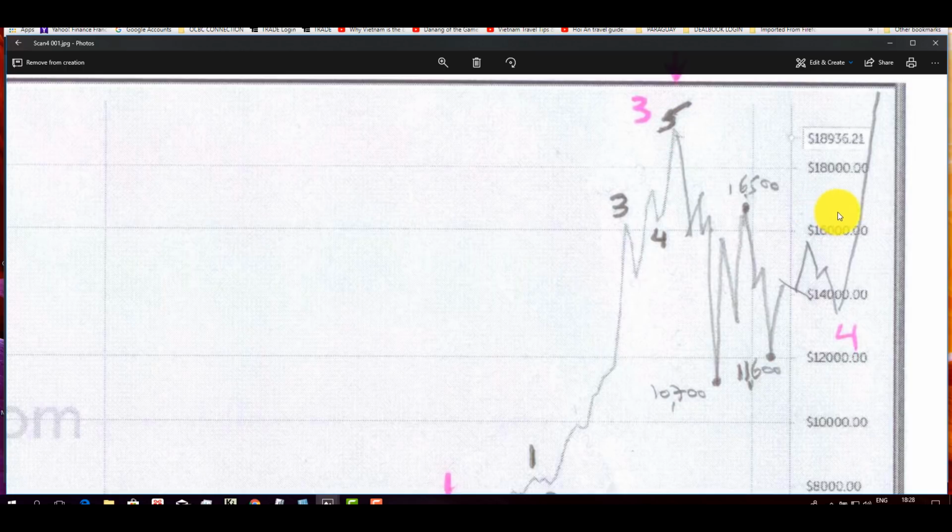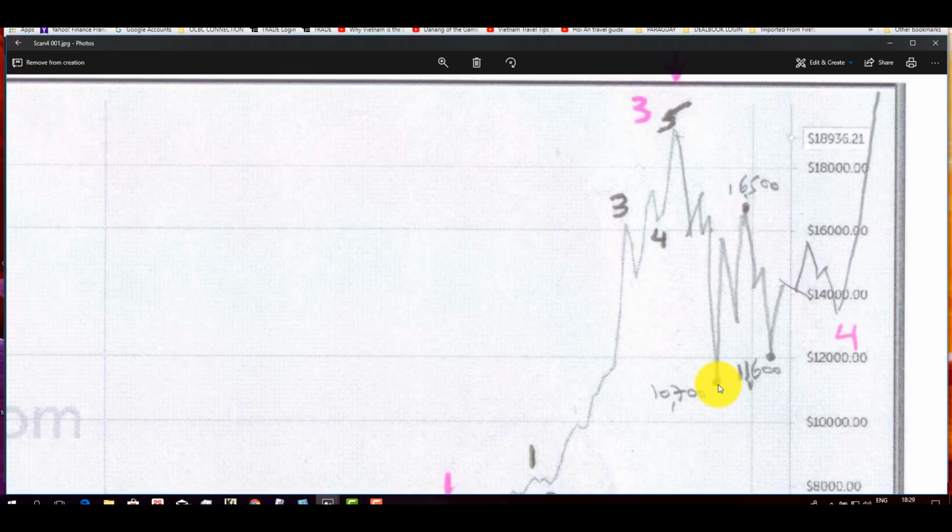Okay, so my thinking is that in fact we are now dealing with a fourth wave that is composed of various ABCs that are completing the various legs that eventually, if Bitcoin is going to deliver an idealized fourth wave shape pattern, is going to be a triangle.